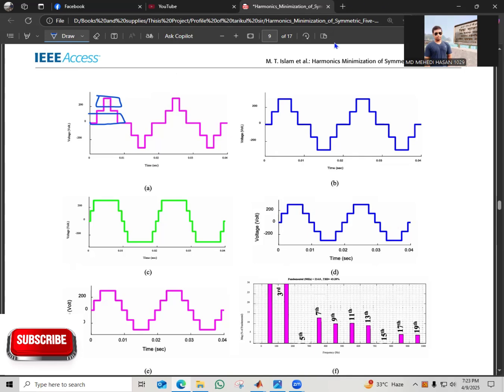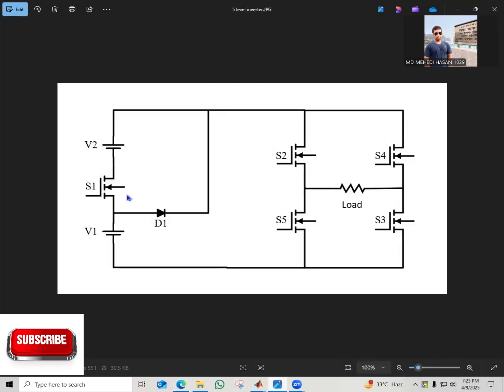There are two parts. Here I show the V2 level for the top of the positive half cycle, and V1 is the first portion of the positive half cycle. Here S2, S3 and S4, S5 are designed as an H-bridge system which will generate the replication of the positive half cycle and the negative half cycle.